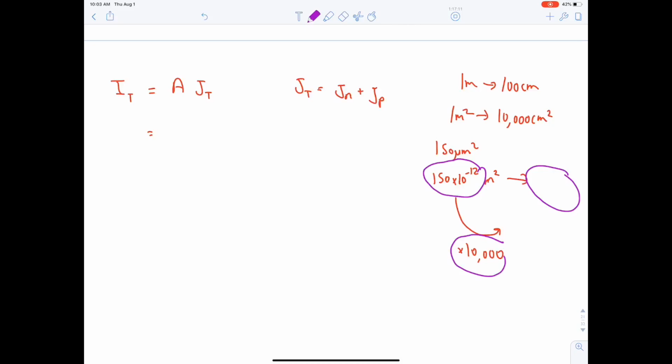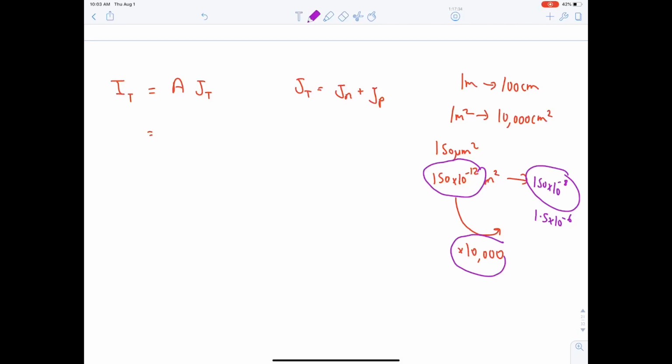Okay, it's 150 times 10 to the power of 12 minus 4, minus 12 plus 4, it's 8, correct? So 150, yeah, actually I was right. 1.5 times 10 to the minus 6, I was right.